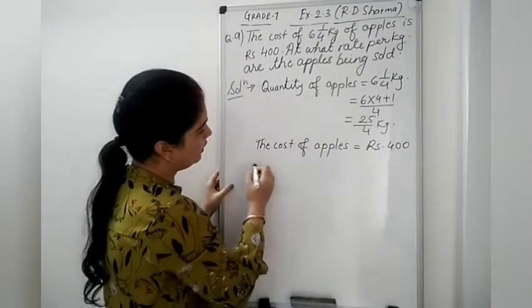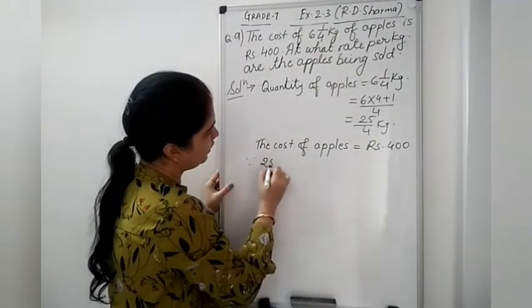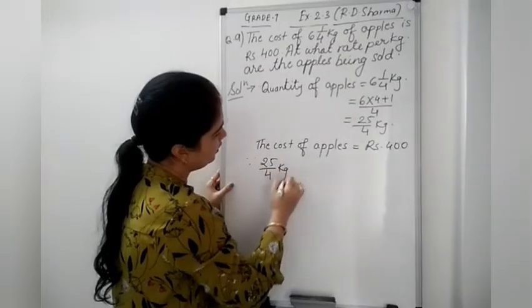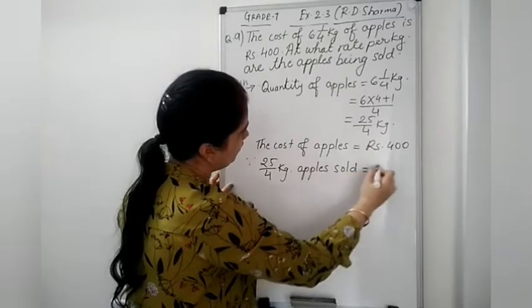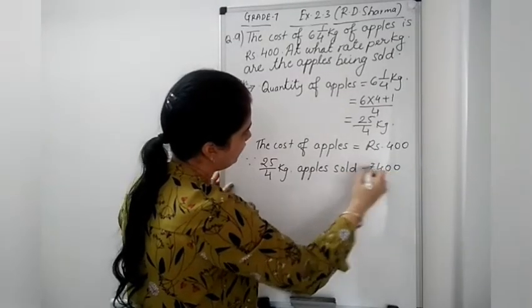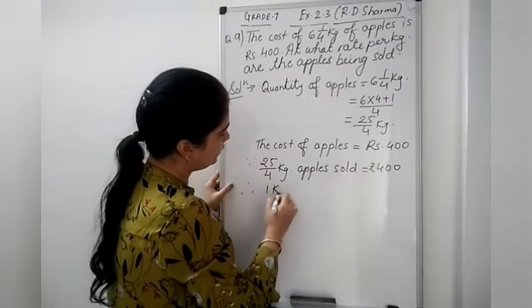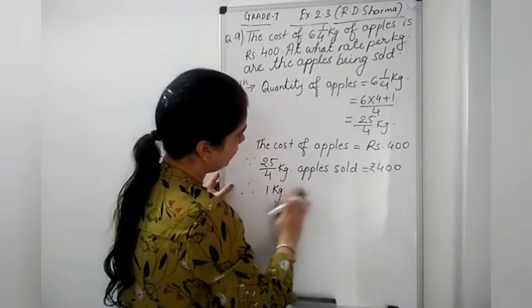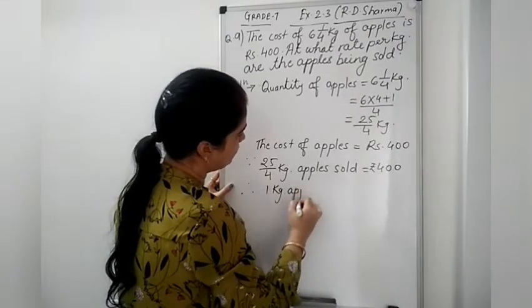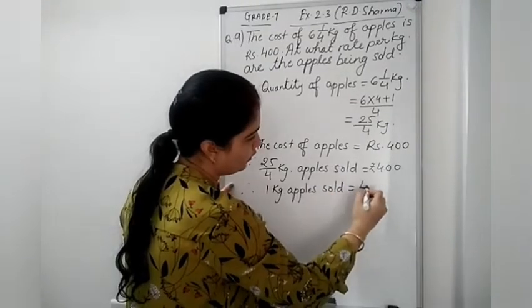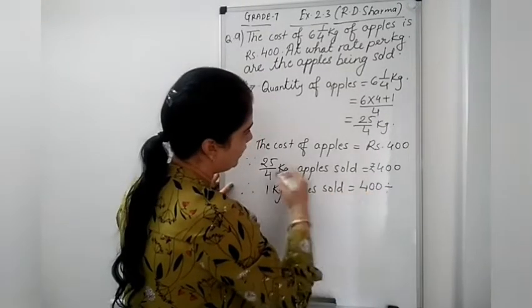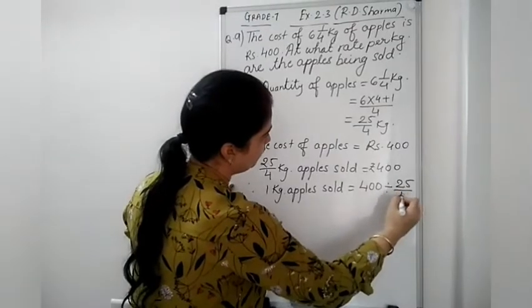So we can say, since 25 upon 4 kg apples sold for 400 rupees, for 1 kg apples we will divide 400 by 25 upon 4.